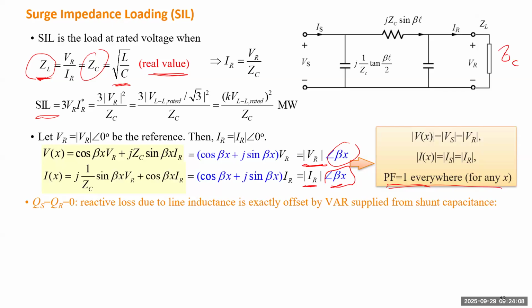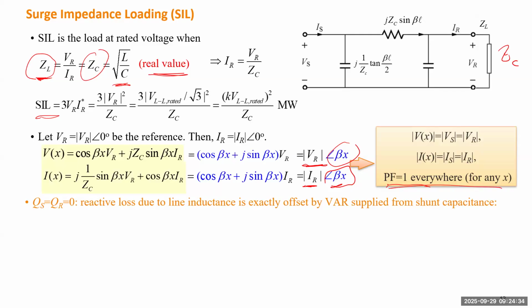Because when you operate at surge impedance load, the power factor is the same everywhere, which means the reactive power consumed by the line itself is completely provided by the reactive power supplied by the line. The line has inductance, which consumes some reactive power. It also has capacitance, which provides some reactive power.